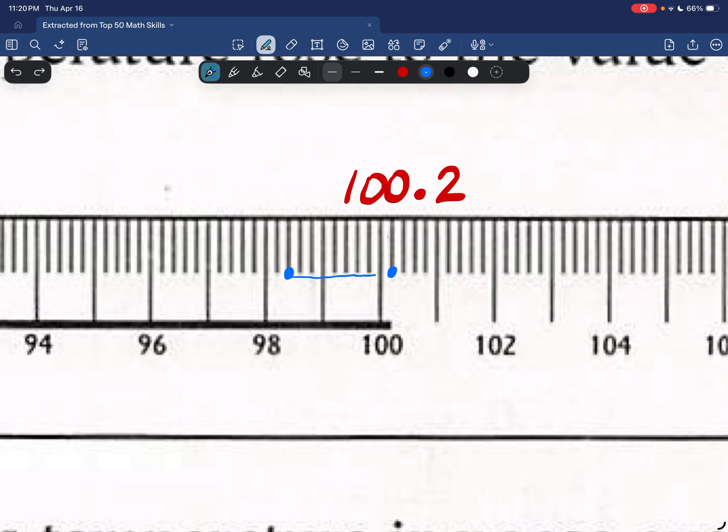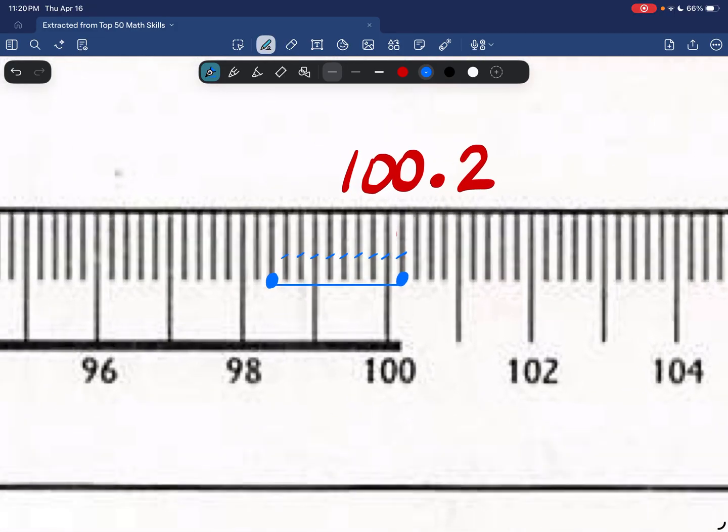So you're covering that interval. How many spaces did you cover? Here's 1, 2, 3, 4, 5, 6, 7, 8, 9. And each of those is worth 0.2.